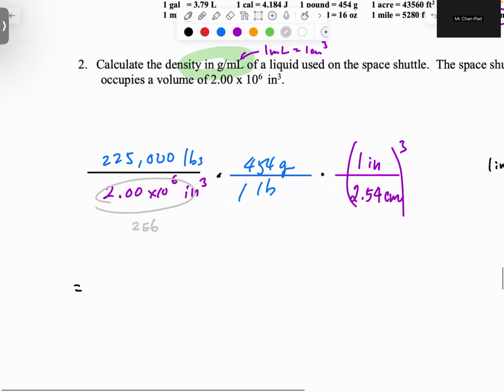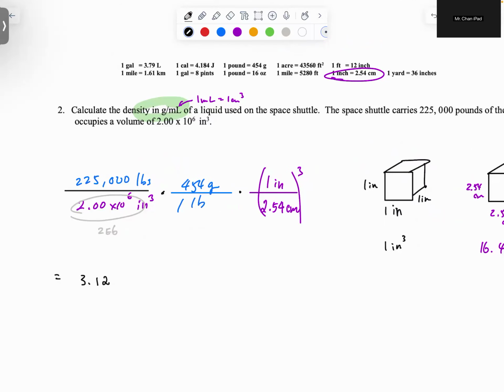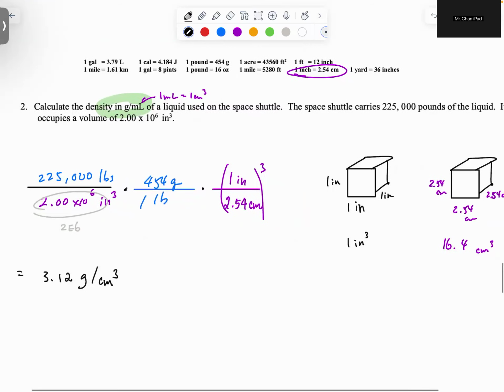So you can just do 225,000 divided by 2e6, times 454, and then divided by 2.54 raised to the 3rd power. And that's going to be 3.12. Well, originally it's 3.116. But since we are only taking 3 sig figs, so 3.12 grams per cubic centimeter.